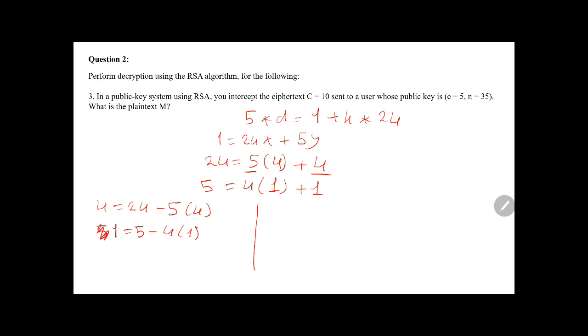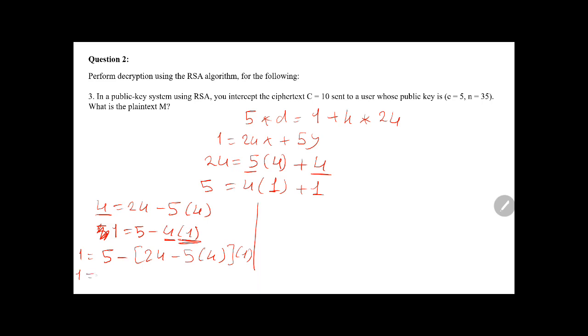We start by substituting the first one into the second one. So we substitute this equation here with this 4 here, since this is equal to 4. So it's 1 equal 5 minus 24 minus 5 multiplied by 4, all multiplied by 1, which was this one here. So we open up the bracket, we multiply by the sign.